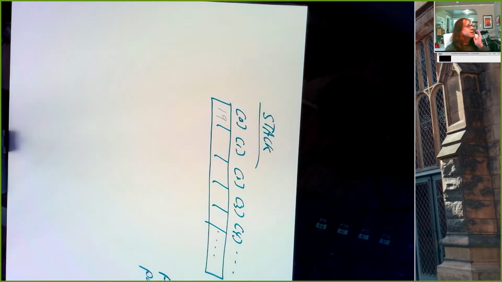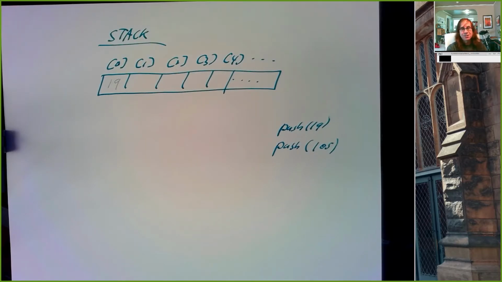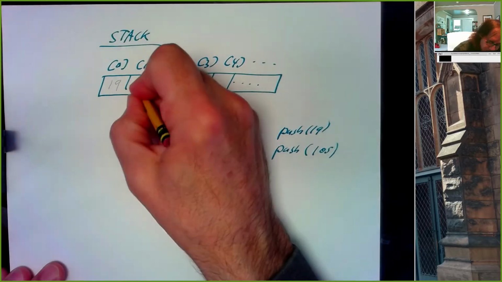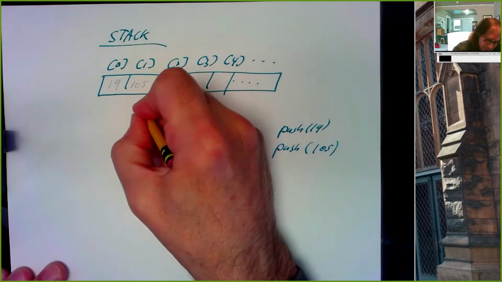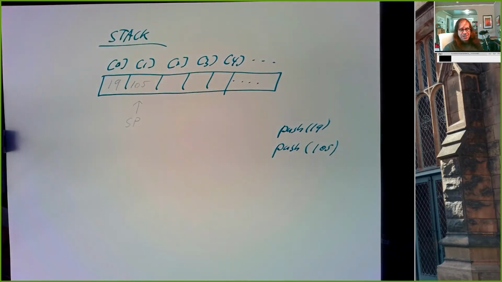And we're not going to do that. So instead, we're going to change our notion of where the top of the stack is. So we're going to push 105. We're going to store it at the next location in the array. And we're going to have this stack pointer, which says, hey, that's the last thing that we pushed.